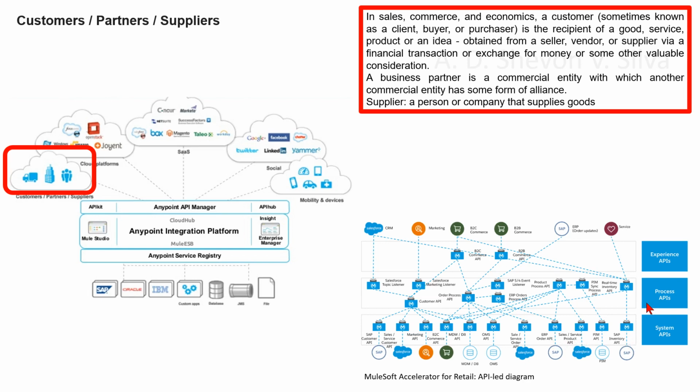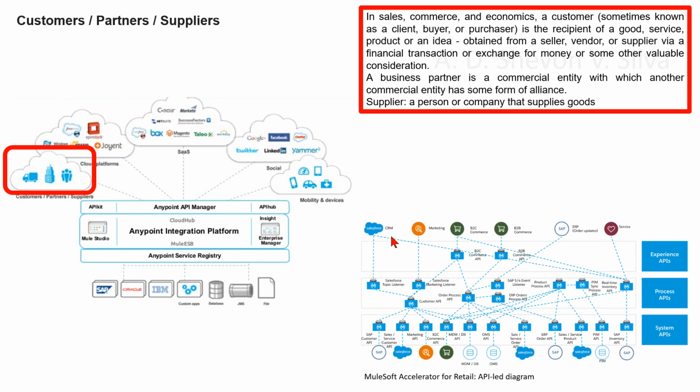In process APIs, you can see Salesforce topic listener, Salesforce marketing listener, customer API, order process API, SAP S4 event listener, ERP order process API, product process API, PIM sync process API, real-time inventory API. In experience APIs, you can see B2C commerce API and B2B commerce API.